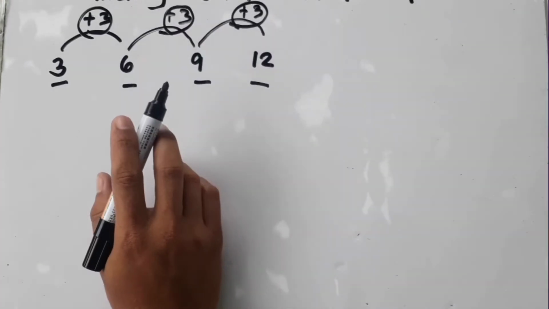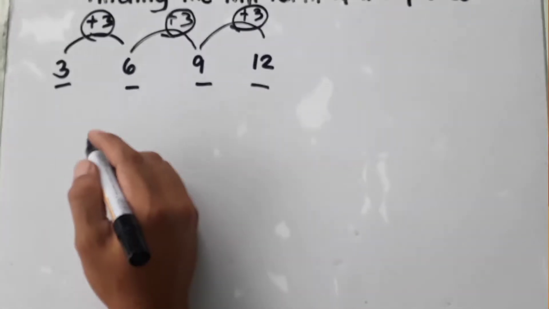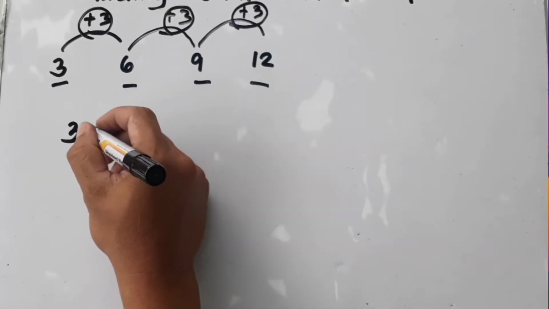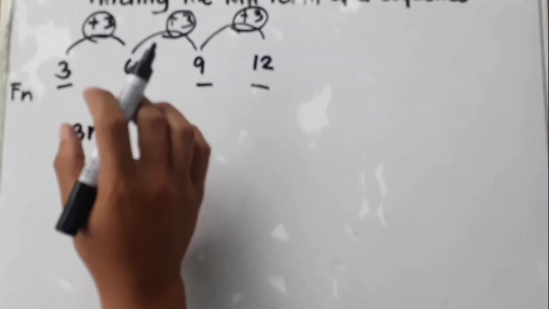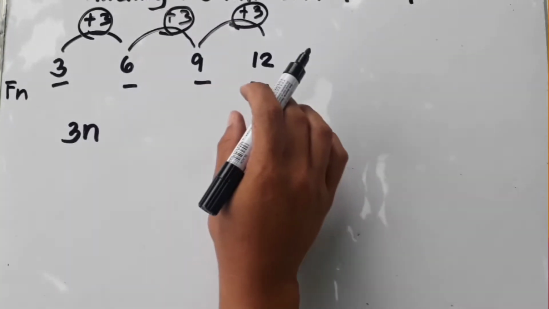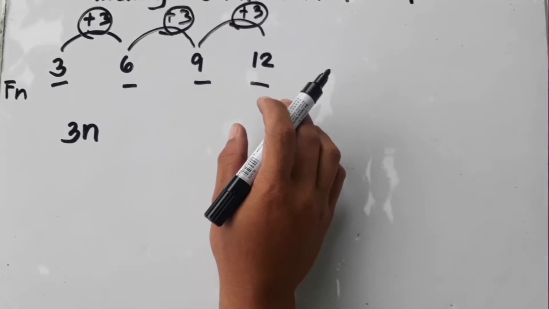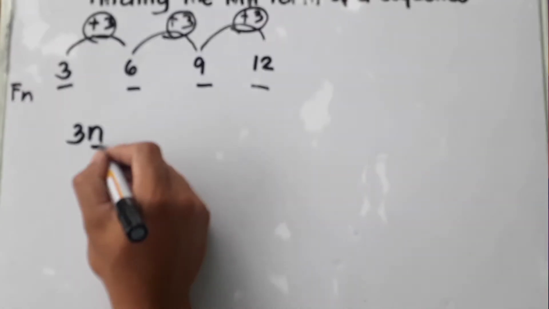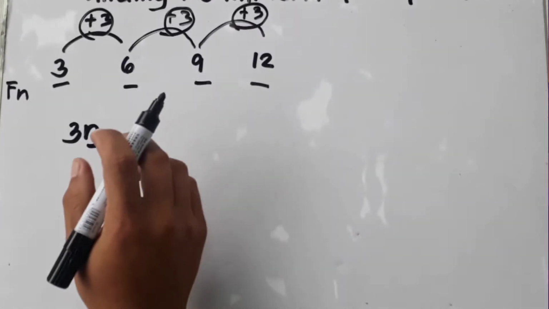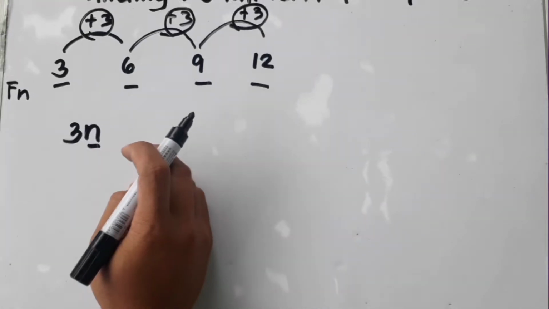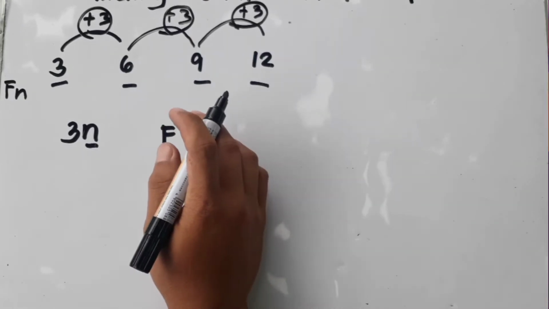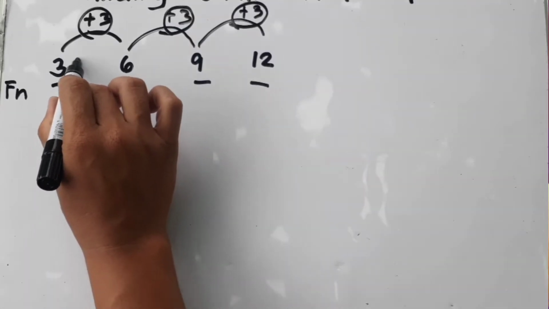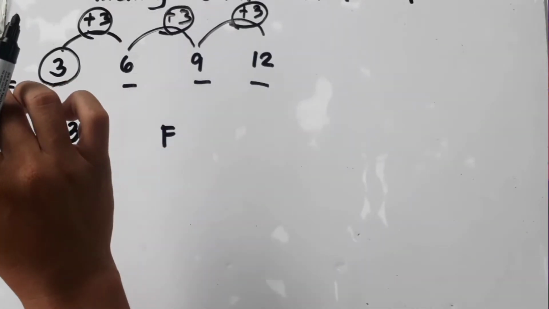Therefore, our rule for this sequence must be 3n, and we are going to denote f sub n to represent the term in the sequence. So, n here represents the number of the term in the sequence. We will try if we can get 3 for the first term.